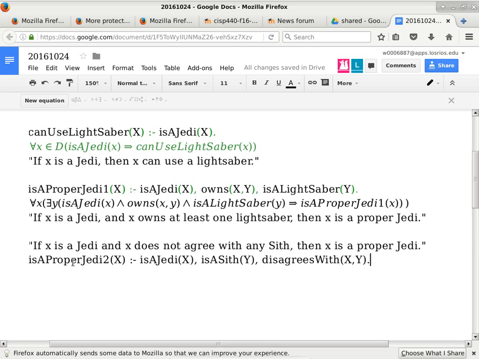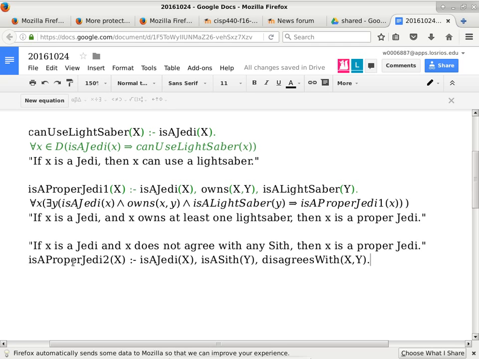Hate leads to anger, anger leads to blah blah blah, and that turns your Jedi into a Sith. So we kind of correct that. So we say disagrees with, and I'm pretty sure you get the idea that the Jedis can disagree with each other, even. That's what they do in a council, to disagree.